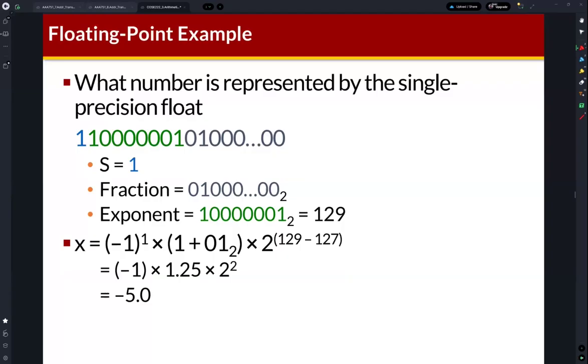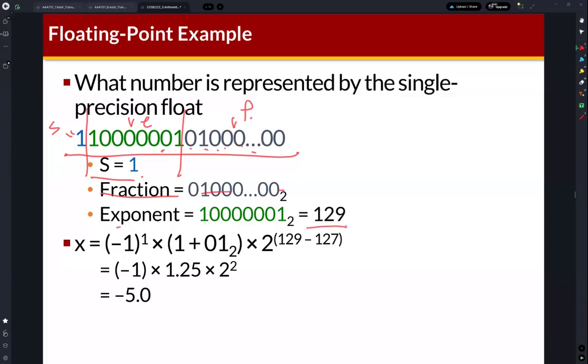And then a floating point example. So what is the number? We can just split the number into the sign part, exponent part, and fraction part, right? Sign, exponent, and then fraction. Okay, sign is 1, that means it's a negative number, and then the fraction is 01000. Okay, the exponent is 10000001, which is 129.